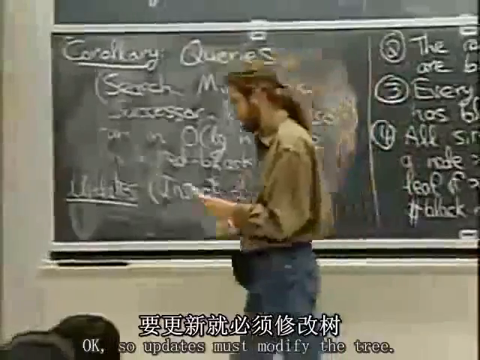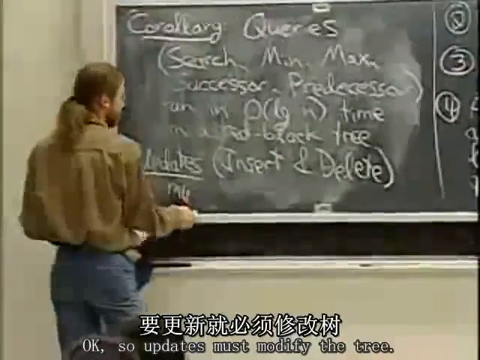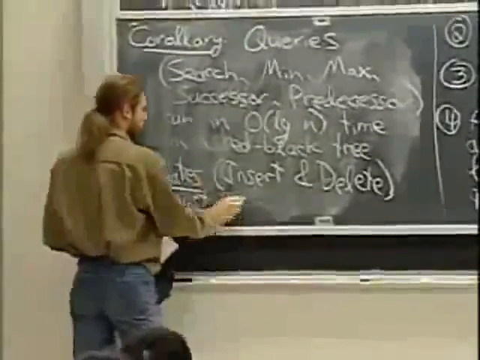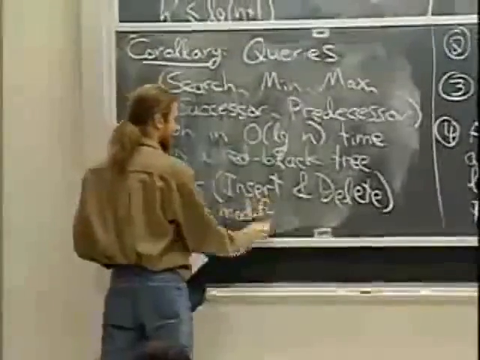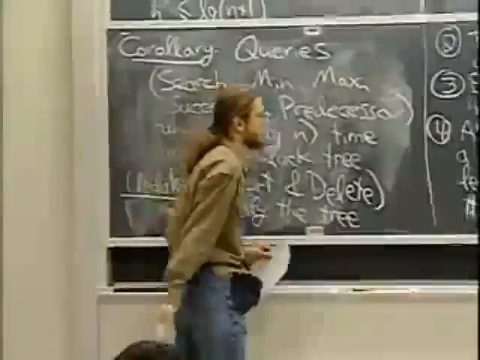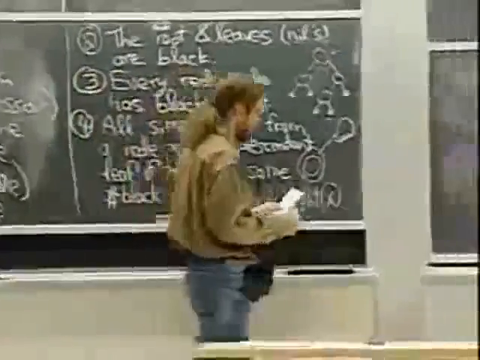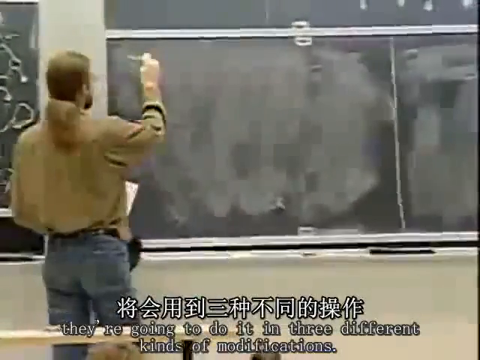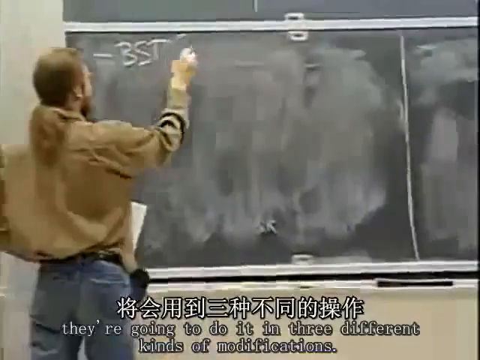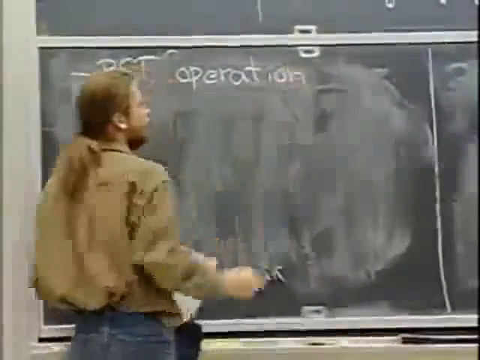Okay, so updates must modify the tree. And they're going to do it to preserve the red-black properties. They're going to do it in 3 different kinds of modifications. The first thing we will indeed do is just use the BST operation, tree insert or tree delete.